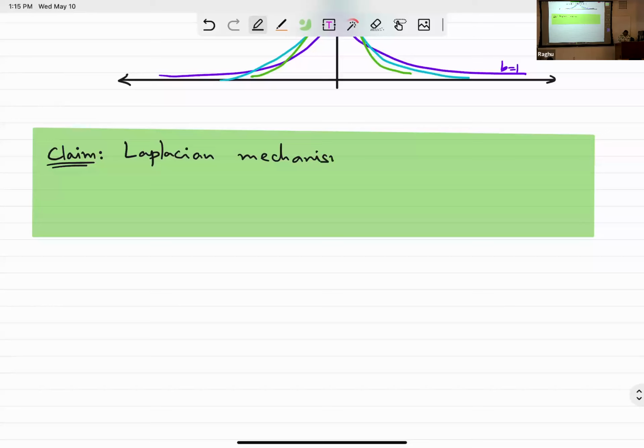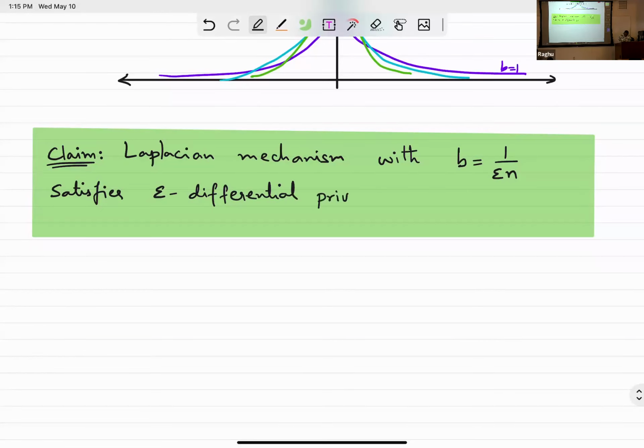The Laplacian mechanism, meaning you compute the output and then perturb it by adding Laplacian noise, if I choose my variance parameter b to be 1/epsilon times n, satisfies epsilon differential privacy for releasing it.